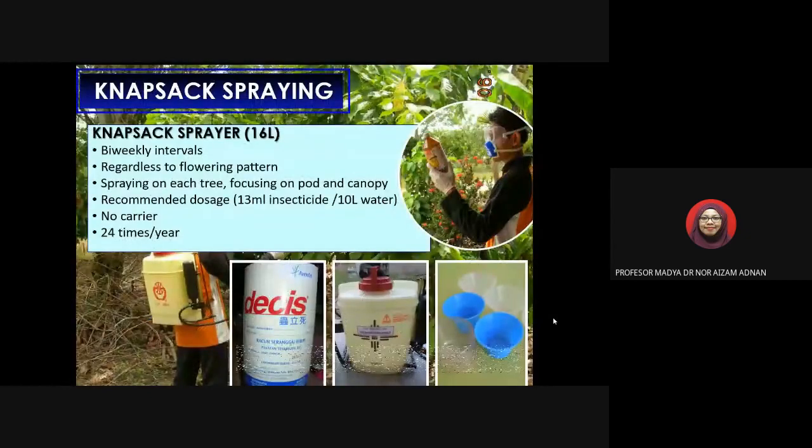Secondly, the knapsack sprayer was used at weekly intervals, 24 times per year. The spraying on each tree focused on the pod and canopy. The total cost of the insecticide chemical usage was also counted.